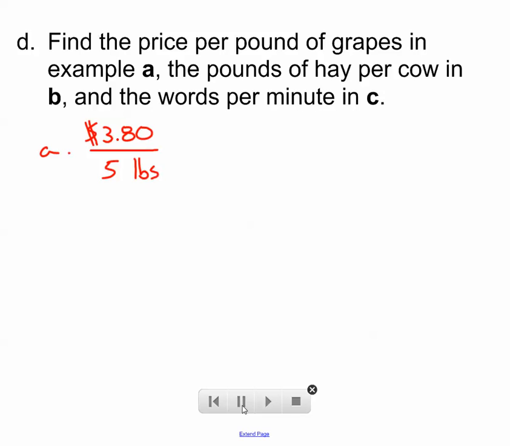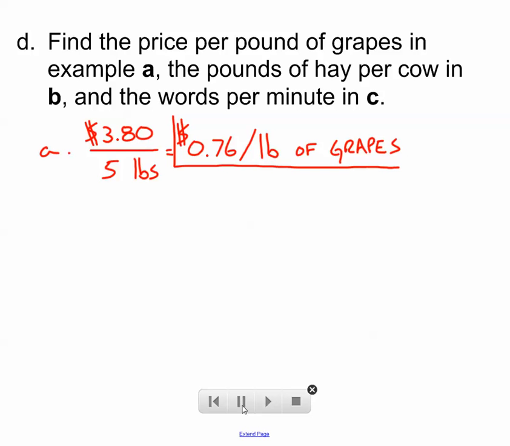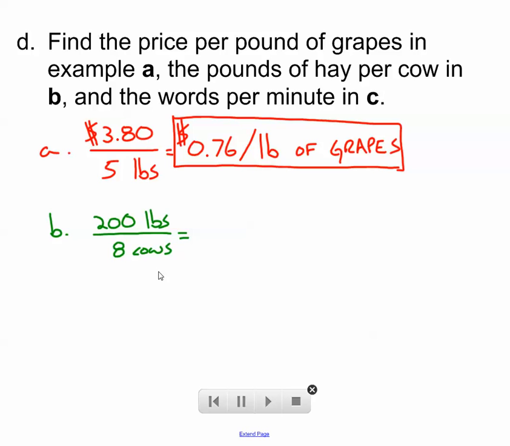$3.80 for 5 pounds of grapes. That was the ratio, or the rate, given to us. $3.80 divided by 5 pounds, using a calculator here, is 76 cents per pound of grapes. On example B, the pounds of hay per cow, it was given to us that 200 pounds was eaten by 8 cows, and we're trying to do pounds per cow, so pounds over cows. 200 divided by 8 is 25.